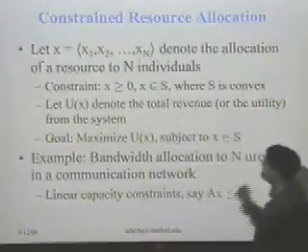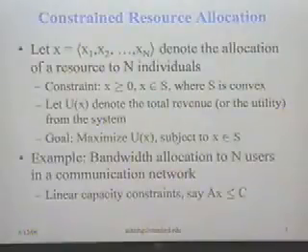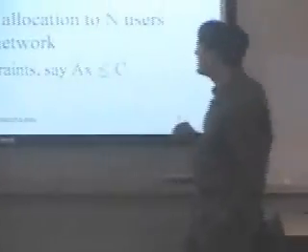And I'm going to assume that x comes from S, the set of feasible allocations, where S is convex. Even if the set is not convex, many of the things I'm going to talk about will go through. Let's say U(x) is the total revenue or the total utility from the system, or the total social welfare, and the goal is to maximize U(x) subject to x in S.